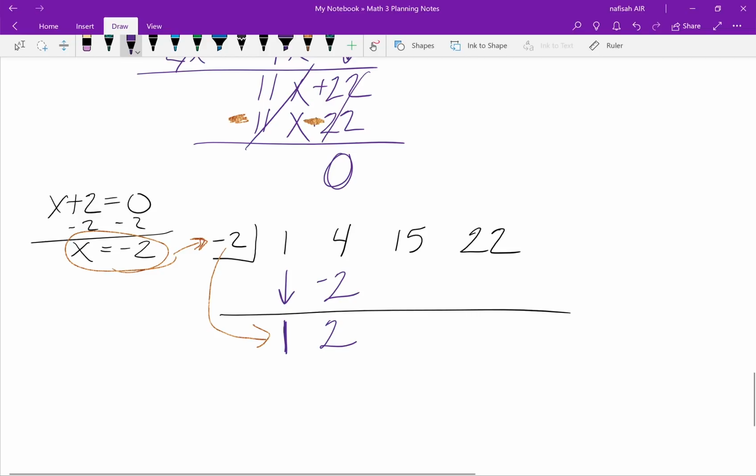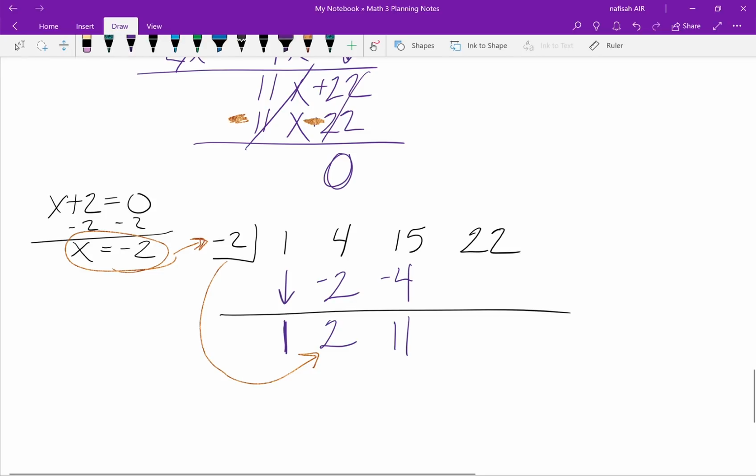And then I'm going to start all over again. So I'm going to take this -2. I wrote a new number underneath, which means I need to multiply this -2 by the new number underneath. -2 times 2 is -4. Now that I've written the number under the very next number, I'm going to do the addition or subtraction. 15 minus 4 is 11.